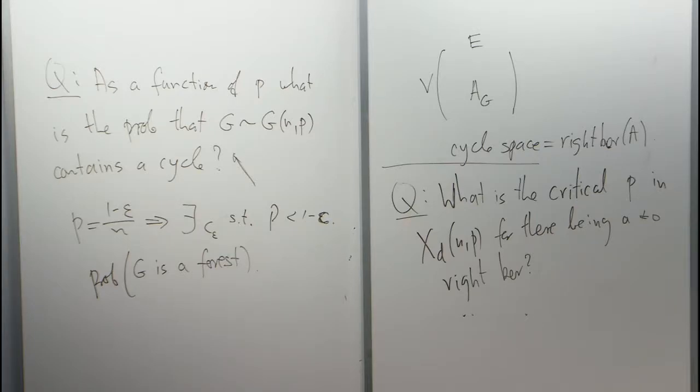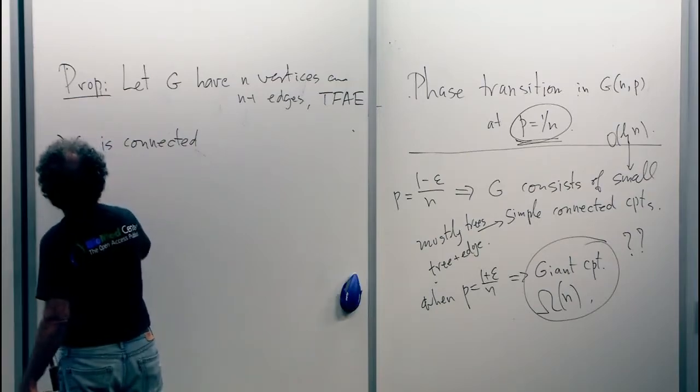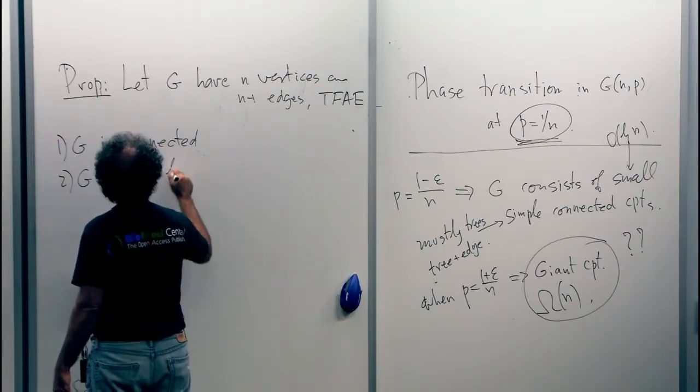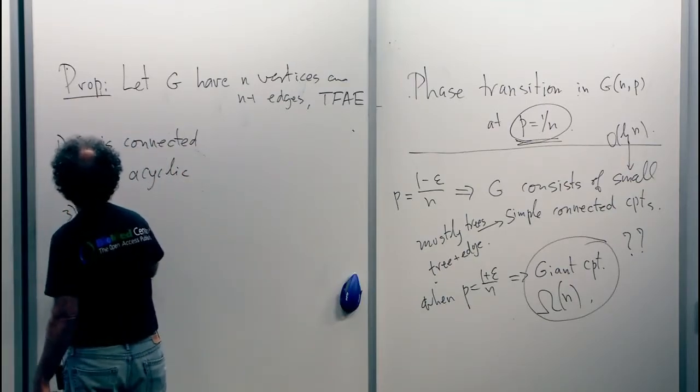Then the following are equivalent. 1, G is connected. 2, G is acyclic. 3, G is collapsible.